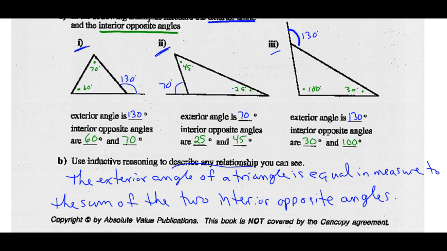Right. So we can see in every case 60 plus 70 adds to 130, 25 plus 45 is 70, 30 plus 100 is 130. That is our relationship.